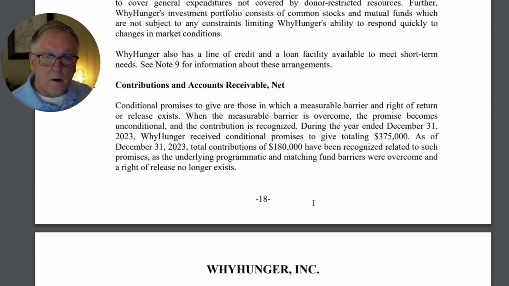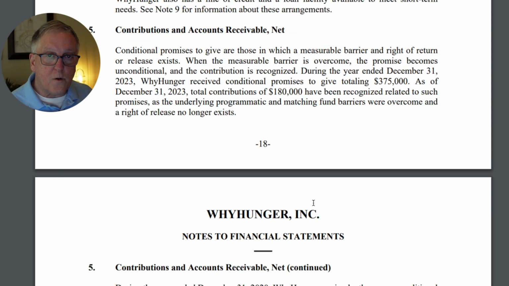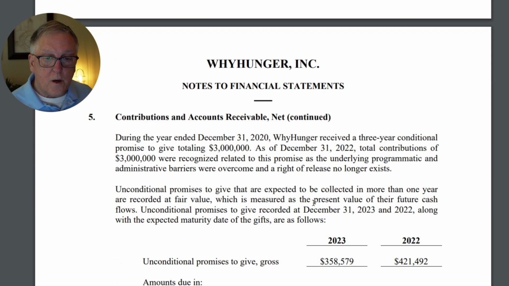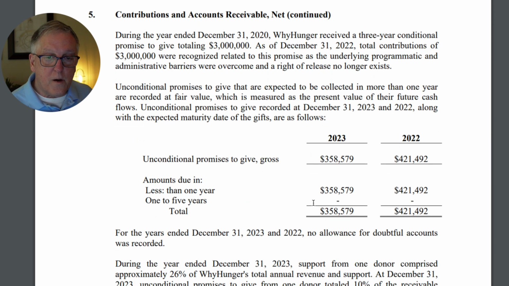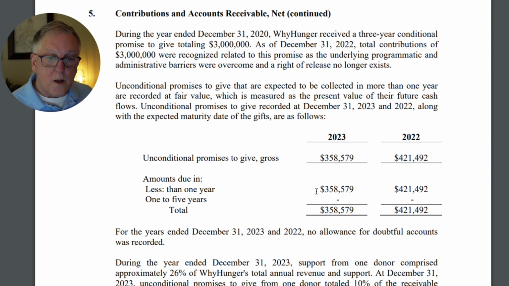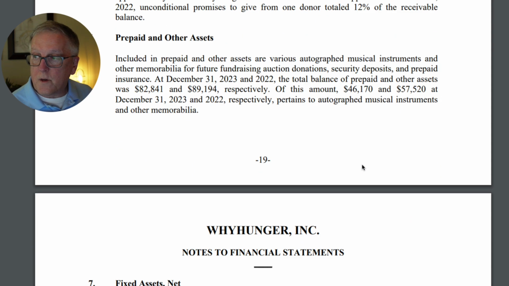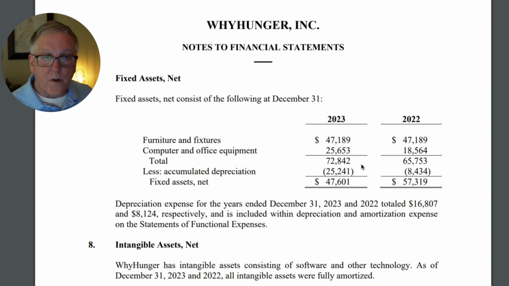Then we get on down here and we see some disclosures about contribution receivables. You'll see here the unconditional promise at a gross number, and then it's broken down here by 1 year or more than 1 year. Then we go on down and we see prepaid assets, fixed assets.